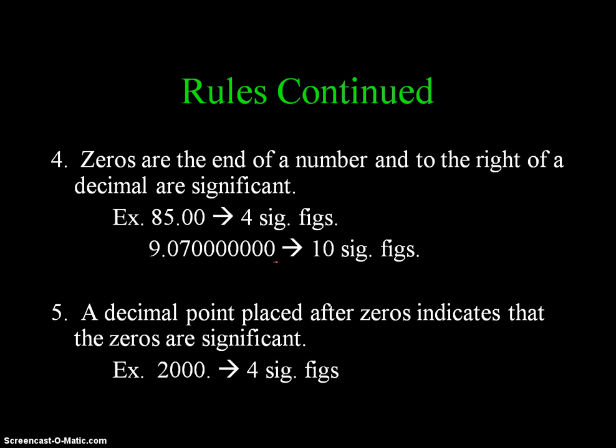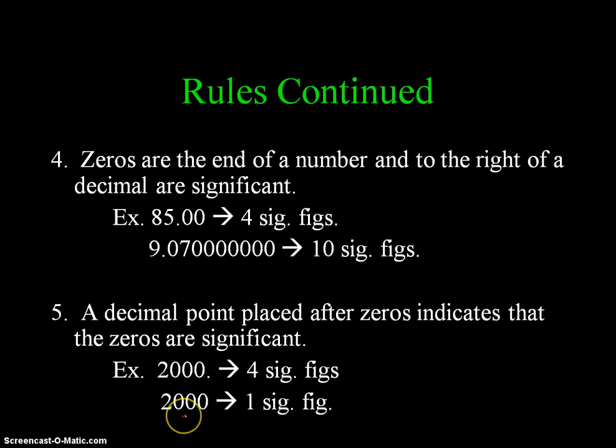For instance, if I write 2000 with a decimal point, these zeros that are sandwiched between my decimal point and my real number are significant, 4 sig figs. Whereas here, without a decimal, I have only 1 sig fig because they're not sandwiched in between that decimal. Only the 2 is going to apply as a sig fig.